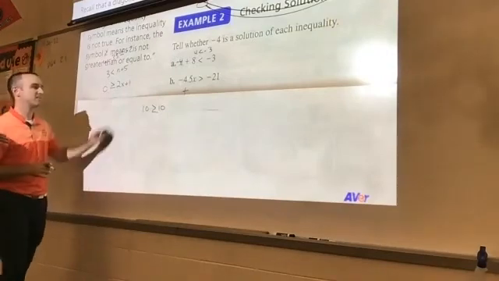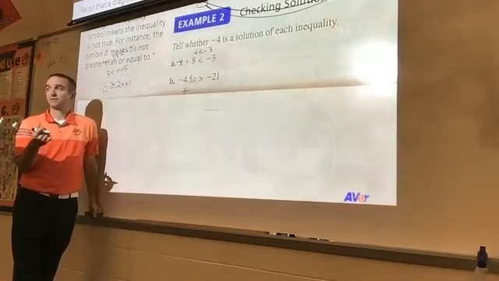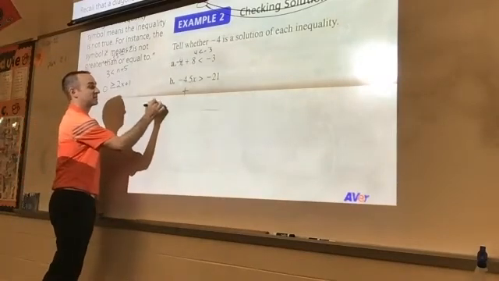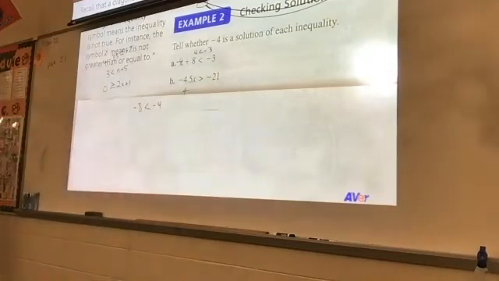The other one that we tend to mess up, guys, is when we have negatives. Is that true or not true? True. So we've got to think of our number line, right?